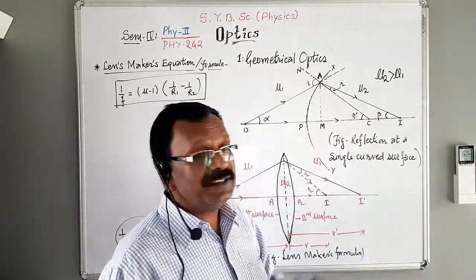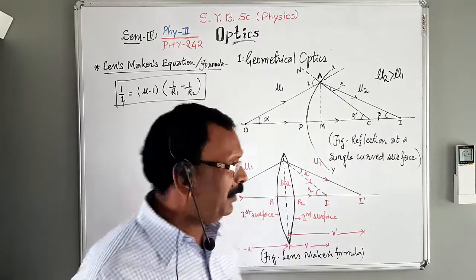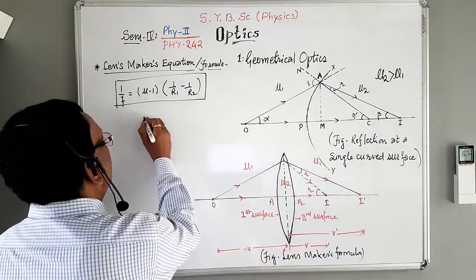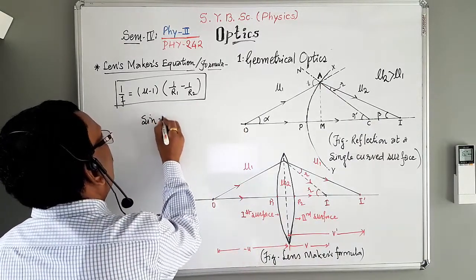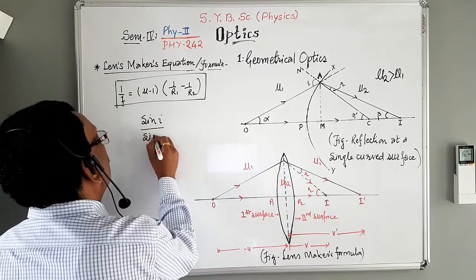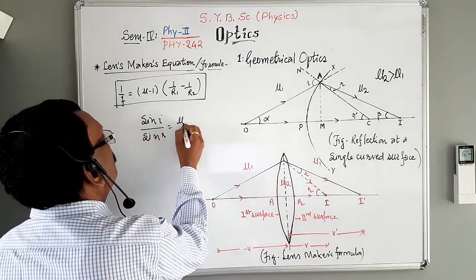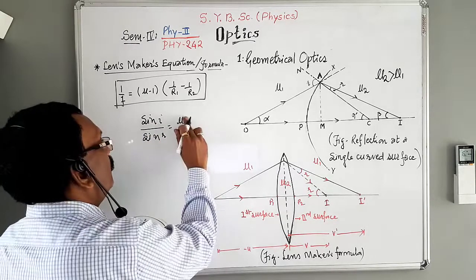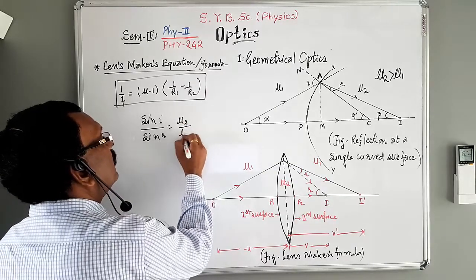When the angle of incidence is very small, then according to Snell's law, we can write sin I upon sin R is equal to mu 2 upon mu 1.